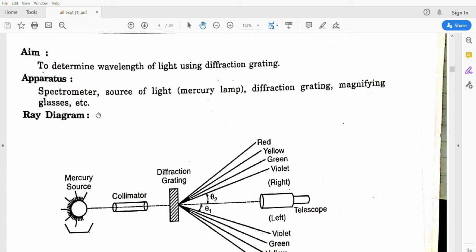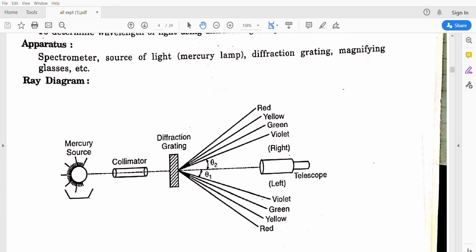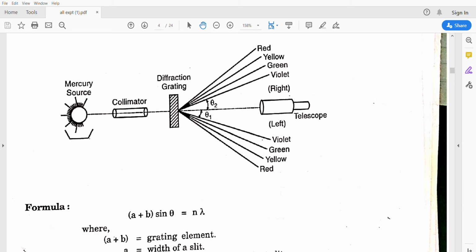Before going to the experiment on the spectrometer, we need to adjust the spectrometer to particular settings. Spectrometer settings are very important. It has different parts, having a collimator lens and the objective lens. We'll see that next. Here we'll see this ray diagram and how it will be used. Here we are having a mercury source.